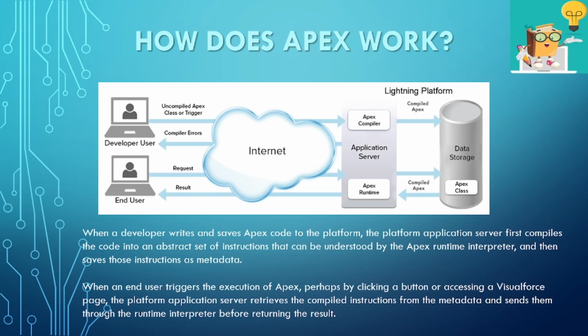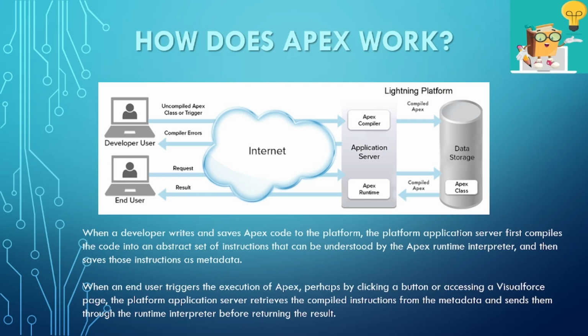Now, we have seen what an Apex class is, what methods are, and what variables are. But how does Apex work? Whenever you write a class like what we have written just now and store it on the Salesforce platform, we have something called the Apex compiler and Apex runtime on the application server.